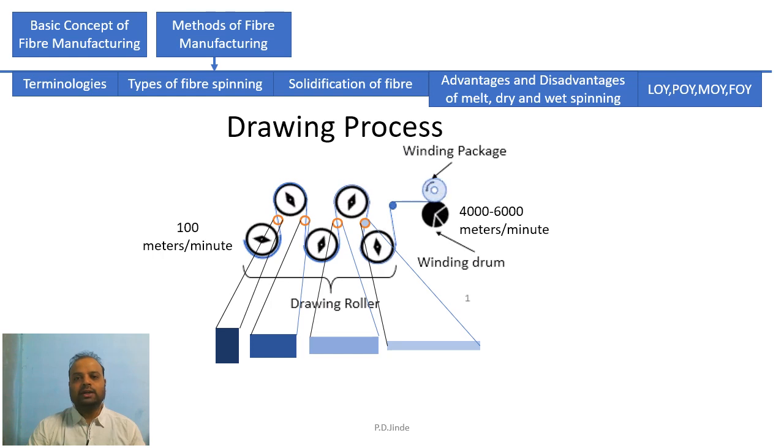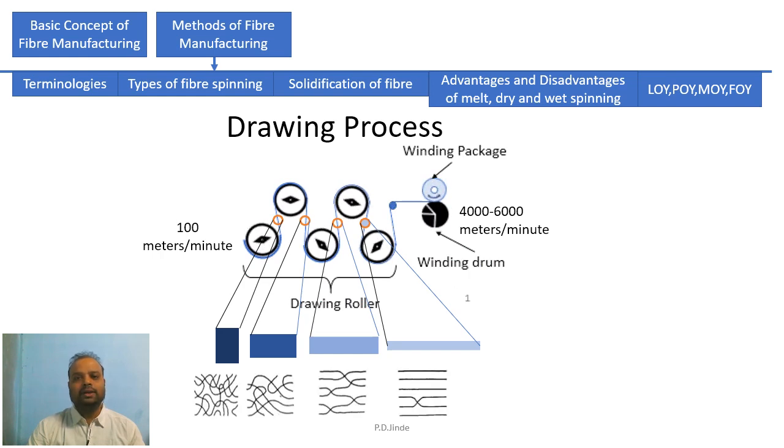Now let's understand the structural changes that take place inside the filament when it is stretched by these drawing rollers. In this figure you can see that extruded filaments have a random orientation. These are the polymeric chains in the extruded filaments, randomly placed or randomly oriented.